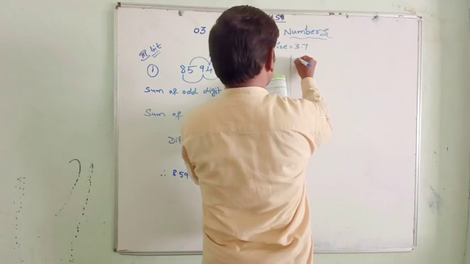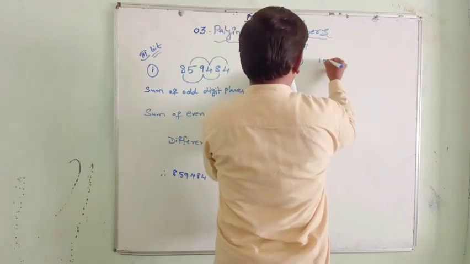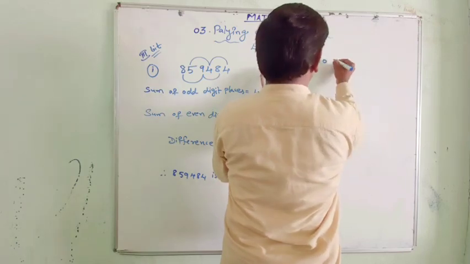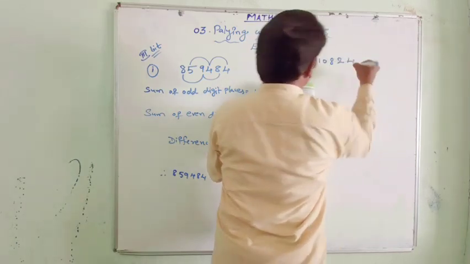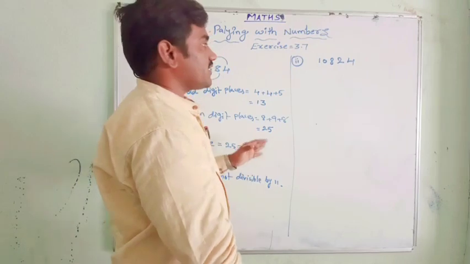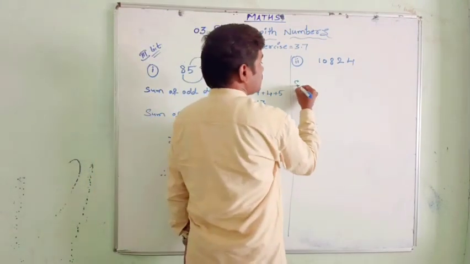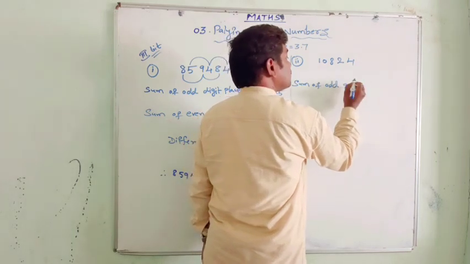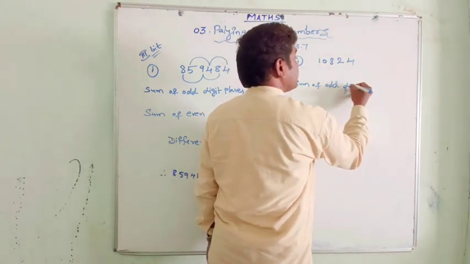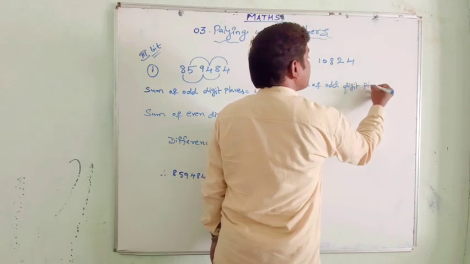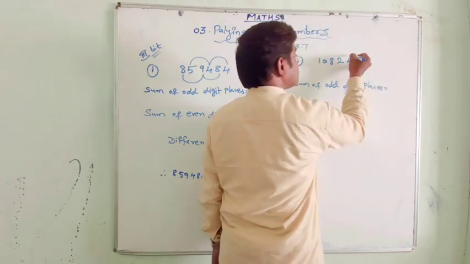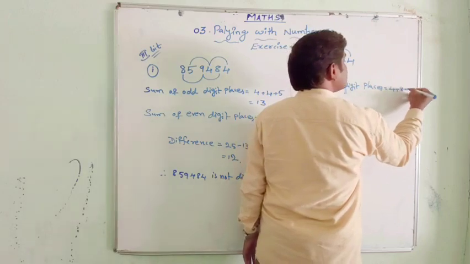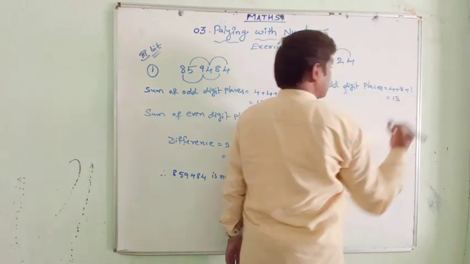We have the second one here. Let's check the second question: 10,824. Is this number divisible by 11? Let us check that. First of all, the sum of odd digit places, that is 4, 8 and 1. 4 plus 8 plus 1 is 13.